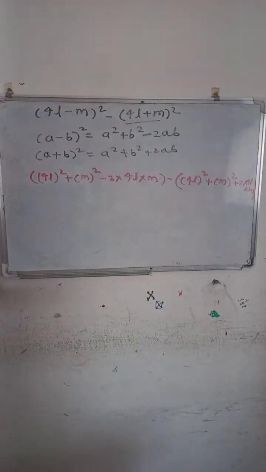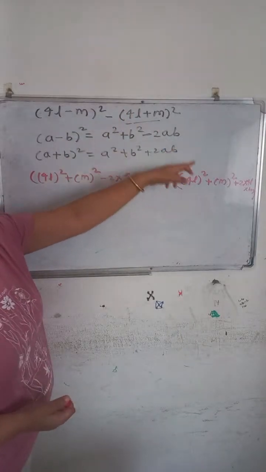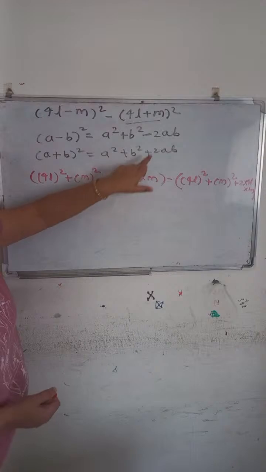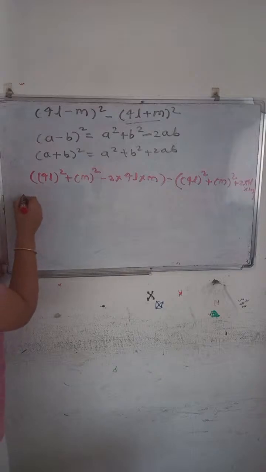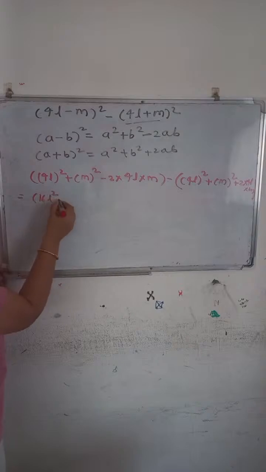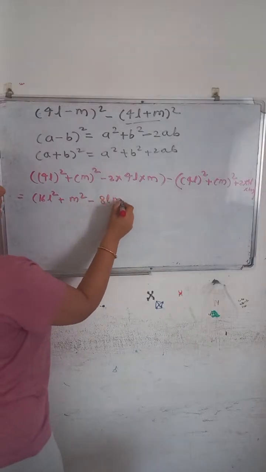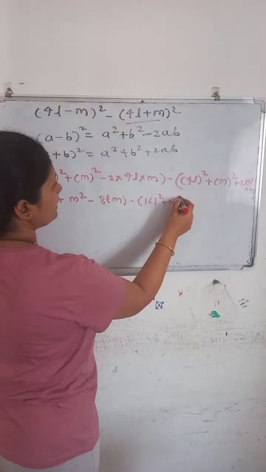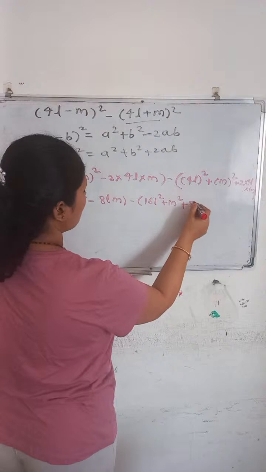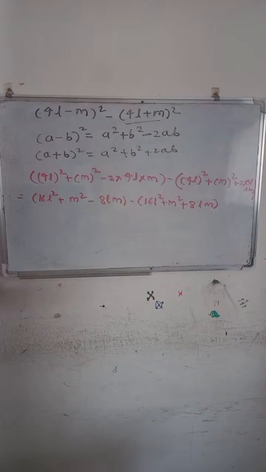Here 4L and m is nothing but a and b, and here 4L and m is also a and b, so 2 will come from the formula itself. Don't be confused over here. So now you can expand this: 4L square is 16L square, plus m square minus 2 times 4 is 8LM, minus inside this bracket 16L square plus m square plus again 8LM. Okay, I just expanded. Any other operations we didn't perform yet?